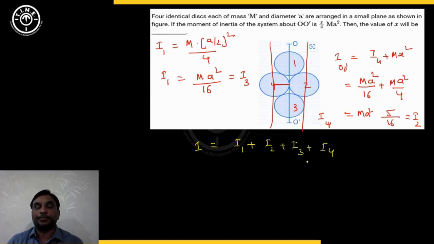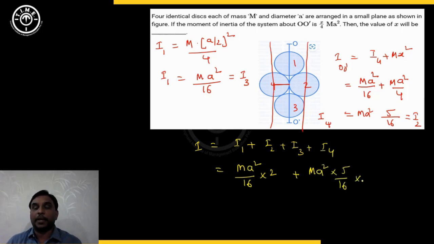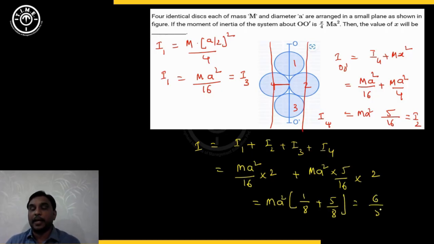So this is ma square by 16 multiplied by 2, for I1 and I3, plus ma square 5 by 16 multiplied by 2. Taking ma square common, we are left with 1 by 8 and 5 by 8, which gives 6 by 8 ma square.